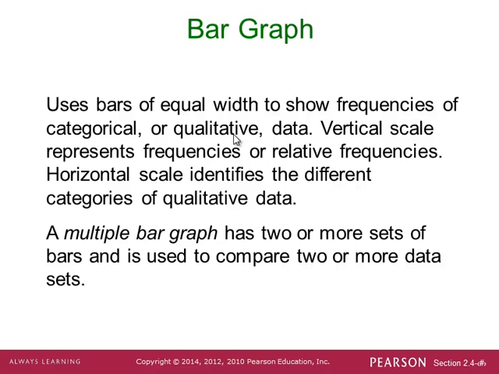Histograms for quantitative. Vertical scale represents frequencies or relative frequencies. Horizontal scale identifies the different categories of the qualitative data, sizes, colors, etc. And you could have it for one variable. You could even have it for two or three or multiple variables side by side.